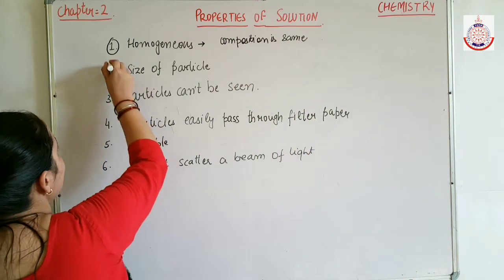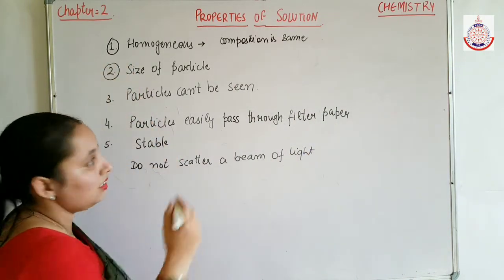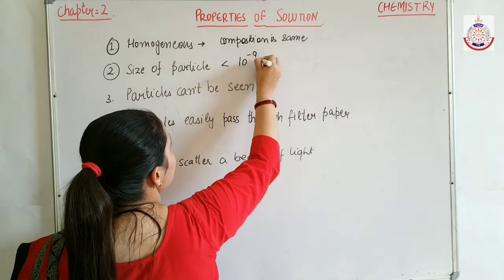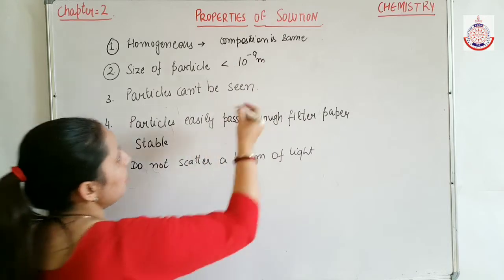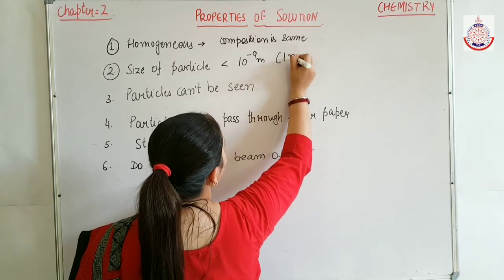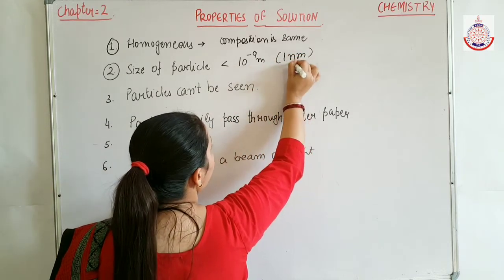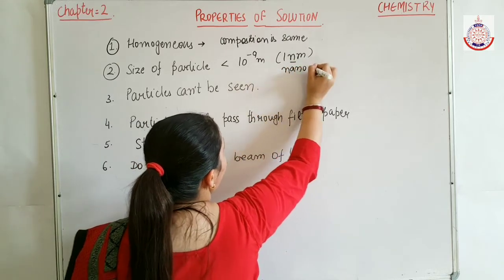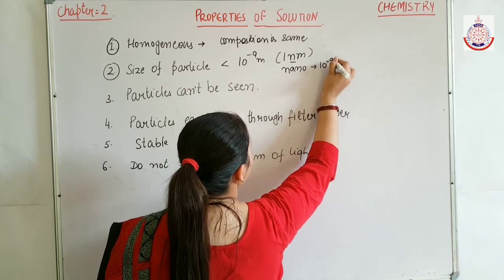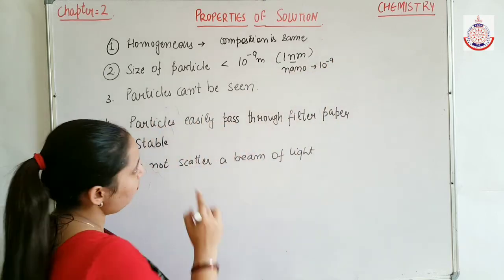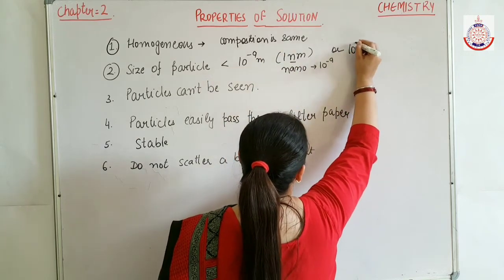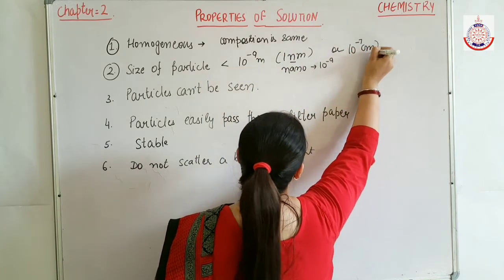Next property is size of the particles. The size of the particles is less than 10 raised to power minus 9 meter. It is also known as 1 nanometer. Here small n means nano. Nano means 10 raised to power minus 9. Or the size of the particle is also 10 raised to power minus 7 centimeter.